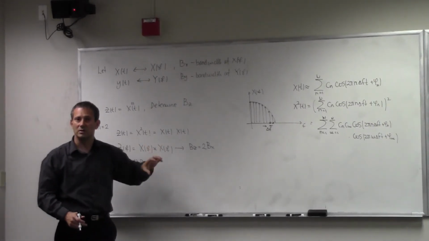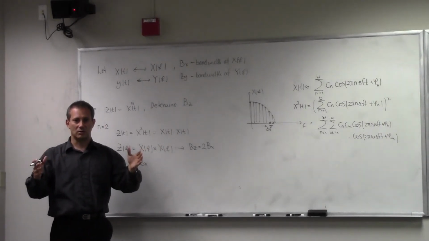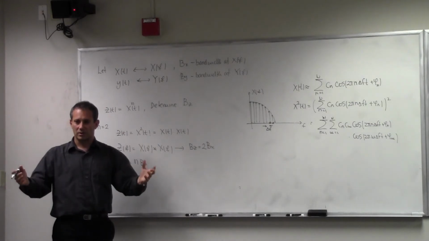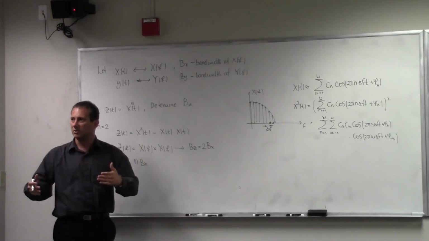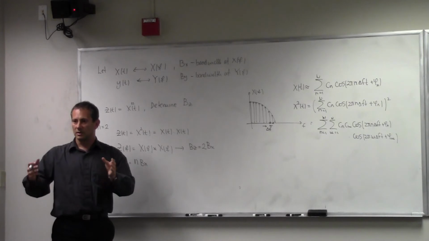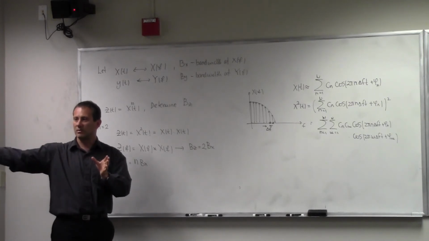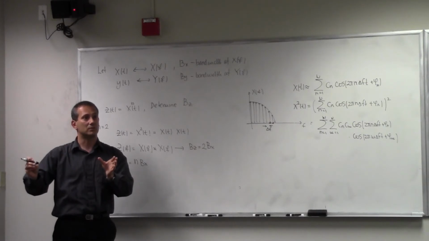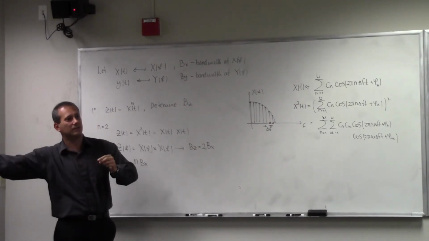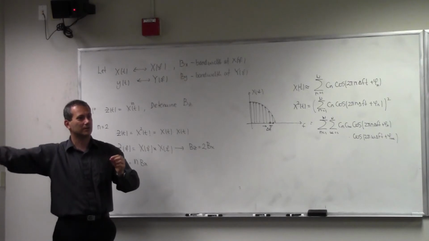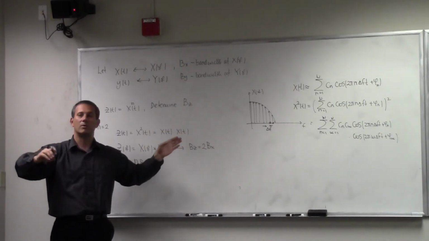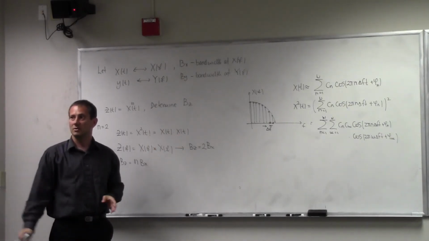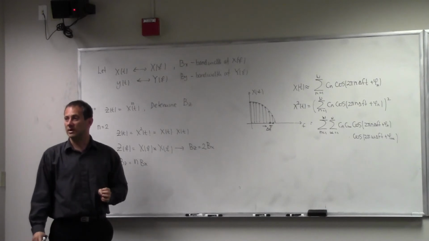The most intuitive way is to think of a signal as a bunch of sinusoids. When you square it, you generate all the products between each other. The one that is furthest to the right is the one associated with the highest frequency in the spectrum of the signal, and it's going to be twice the frequency, because it's squared. Squaring gives you a DC component and twice the frequency. So that's going to push you all the way to twice the band.